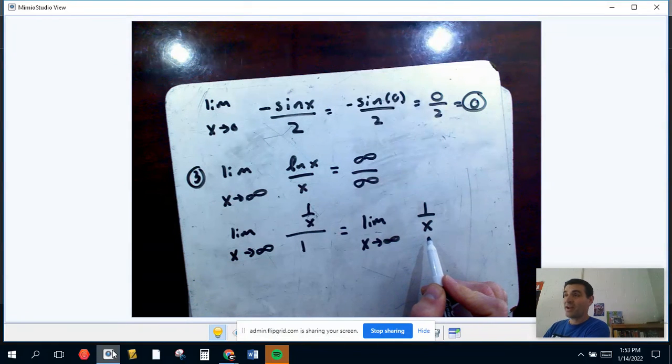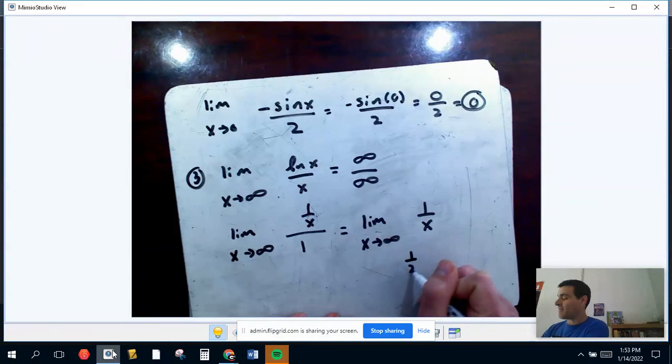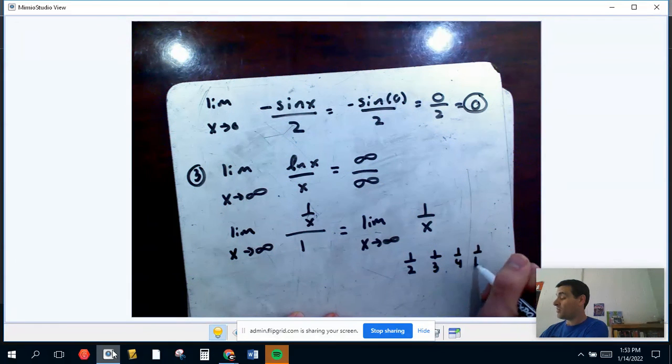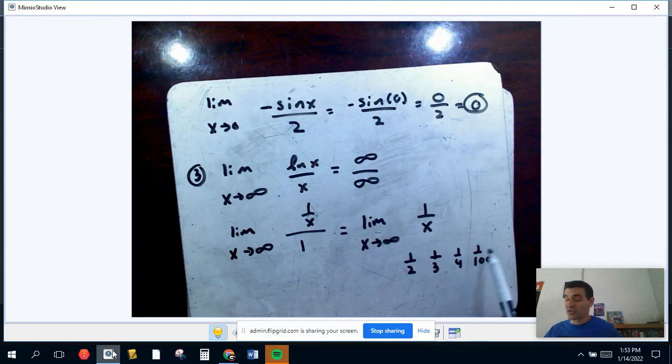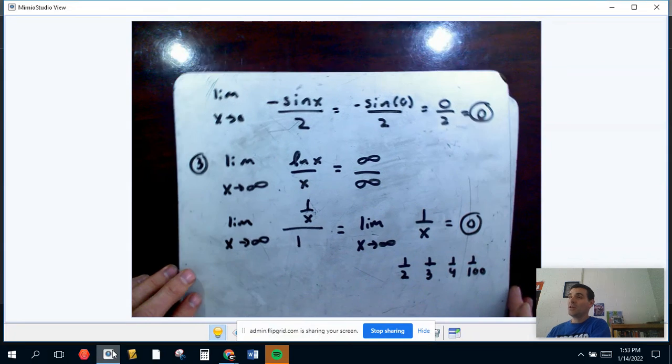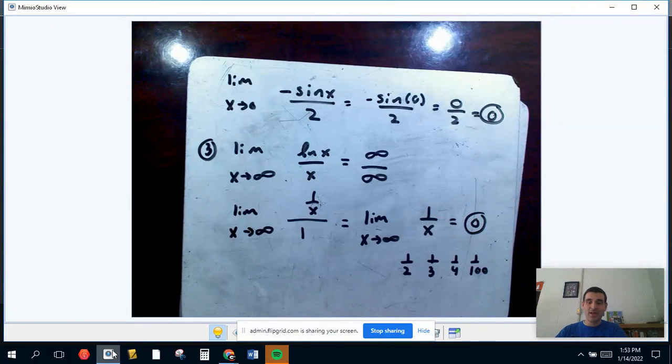If you put a big number in for x and you let it get bigger and bigger, 1 divided by that number is going to get smaller and smaller. So I said, okay, if I put 1/2 and then 1/3 and then 1/4 and then 1/100th and then 1/1000th, and so forth, this is getting large, and therefore the result is getting small. So this limit would be 0 as well. So you're going to get some zeros, you're going to get some ones. So that's some basic L'Hopital rule.